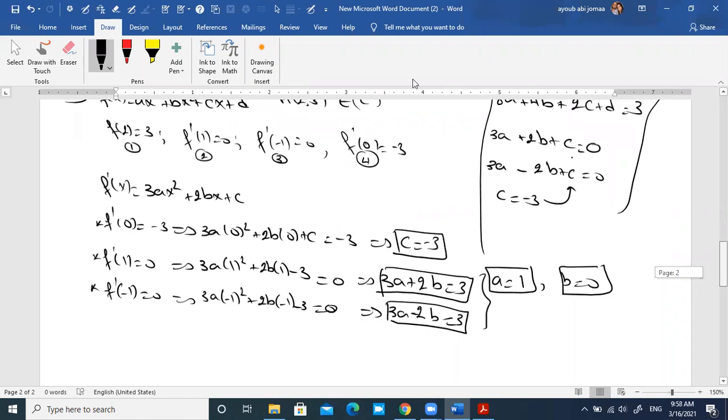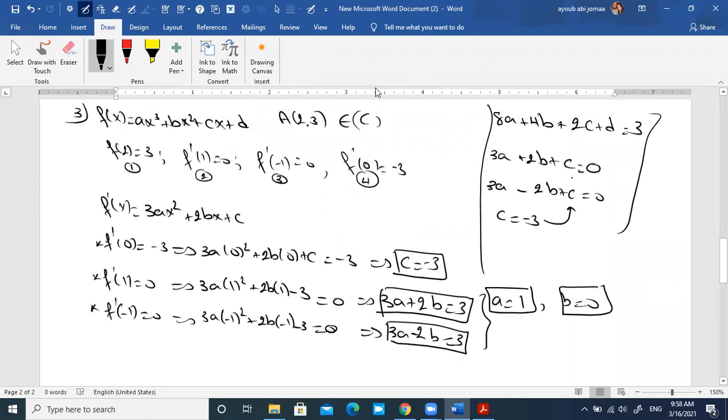f of 2 is equal to 3. This means that a times 2 power 3 plus b times 2 squared plus c times 2 plus d is equal to 3. Replace a, b, and c by their values. A is 1, so 1 times 8.